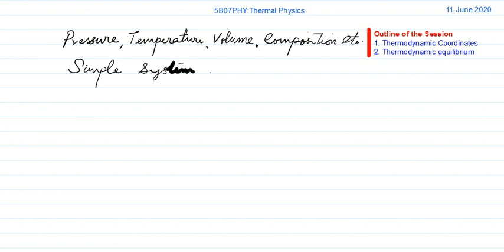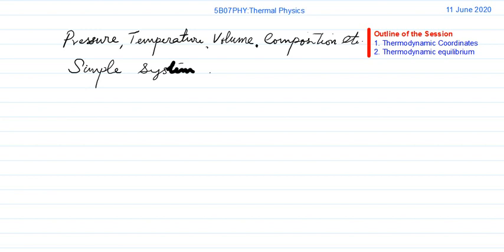So what is meant by a simple system? Any system which can be described by a minimum number of variables such as pressure, volume, temperature, etc. can be regarded as a simple system.